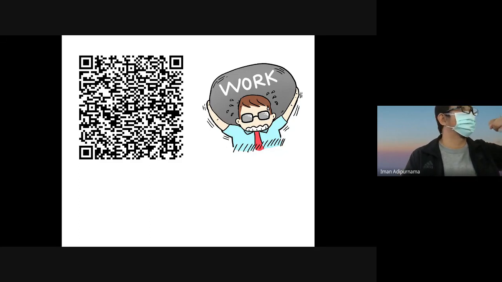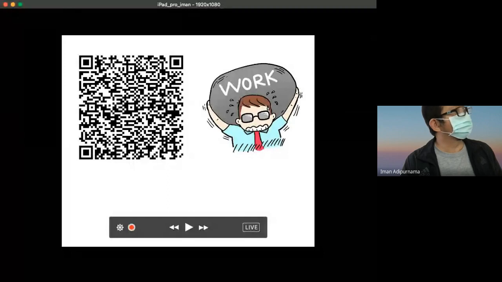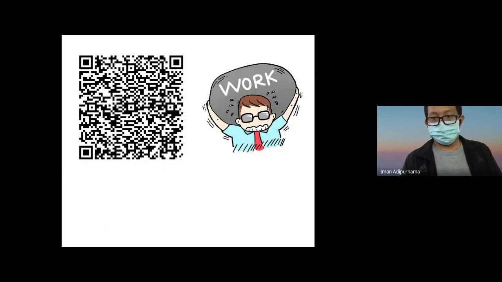It says it works. Try again. Online students, have you checked the QR code, the new one? I just put it. Is it working? Still not working?